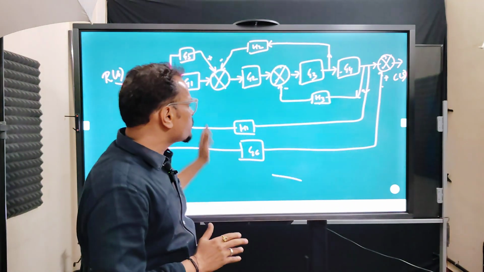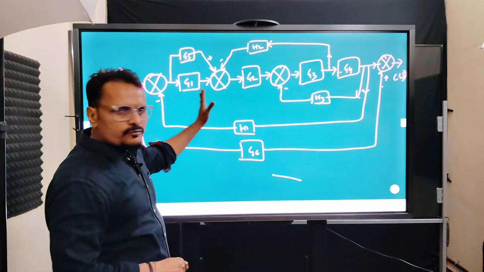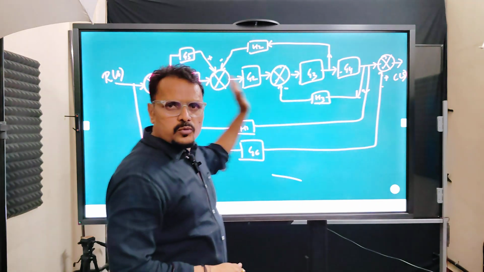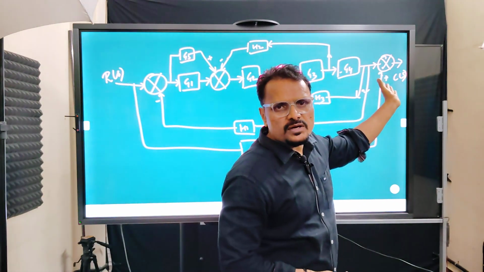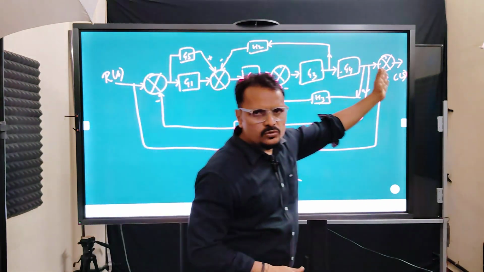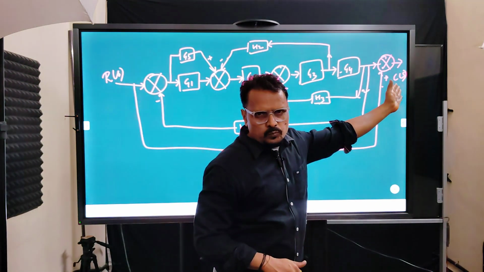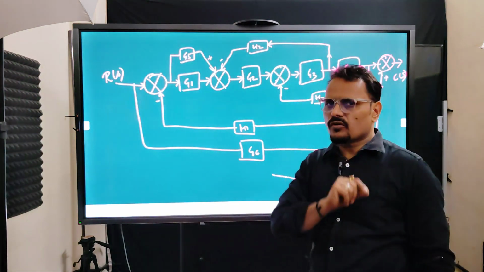If you see this particular system, in an example, we are having a few blocks, the blocks which are coming on a forward path. Forward path means, if you are starting from the input side and approaching the output side, whichever blocks are coming in between, we call them forward blocks.